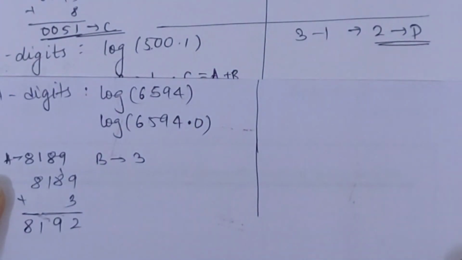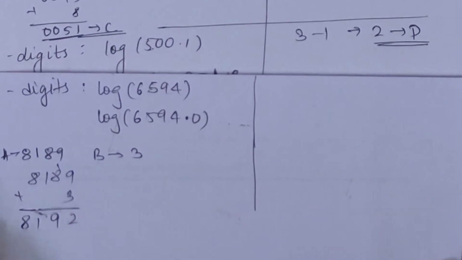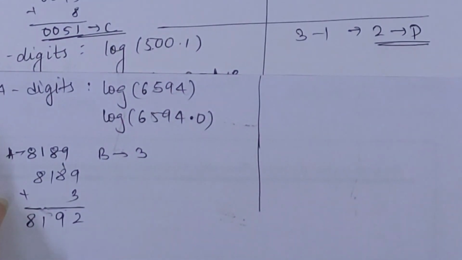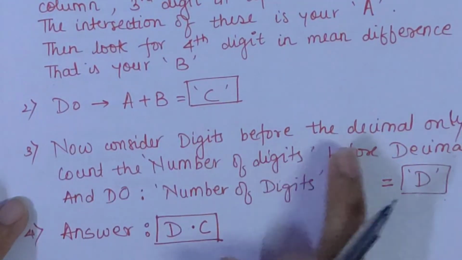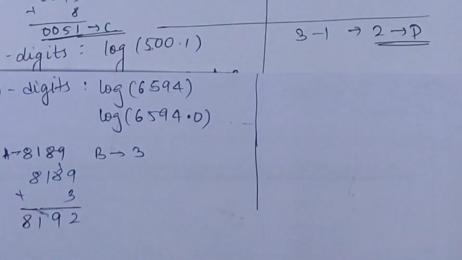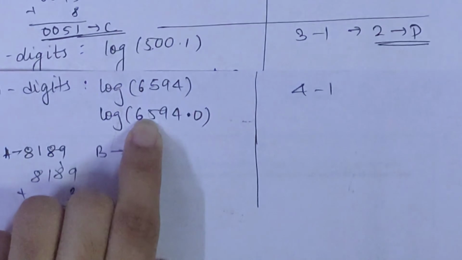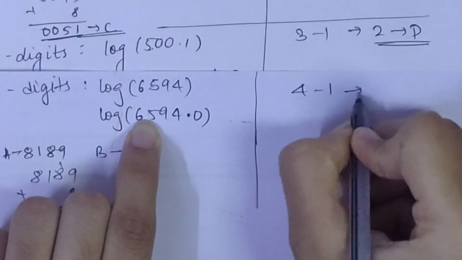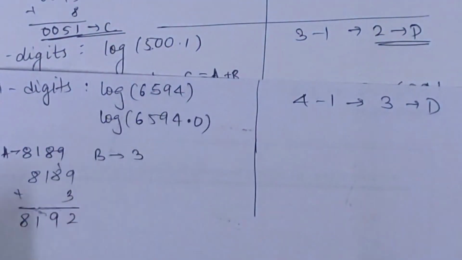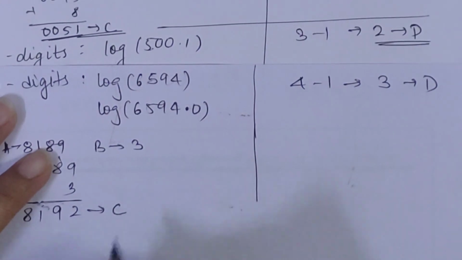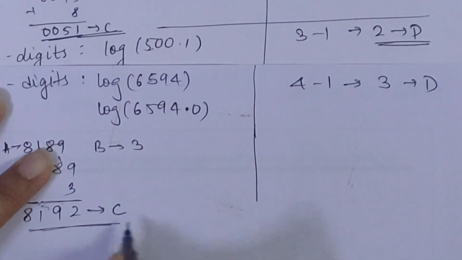Now next, what am I going to do is, we have to see for digits before the decimal point. And how many digits do we have? We have 4 digits before the decimal point. So 4 minus 1. Okay. 4 minus 1 gives me 3. So this is my D, and this was my C. So I have my C with me, I have my D with me, and what is my answer?